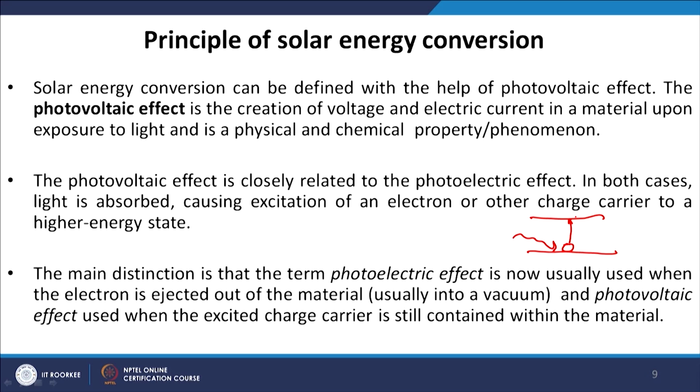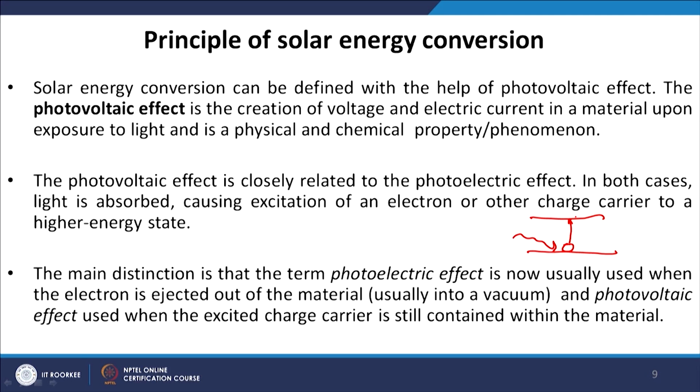The main distinction is that the term photovoltaic effect stands for photo meaning light and voltaic meaning voltage, whereas the photoelectric effect is now usually used when the electron is ejected out of the material, usually into a vacuum, and the photovoltaic effect is used when the excited charge carrier is still contained within the material.